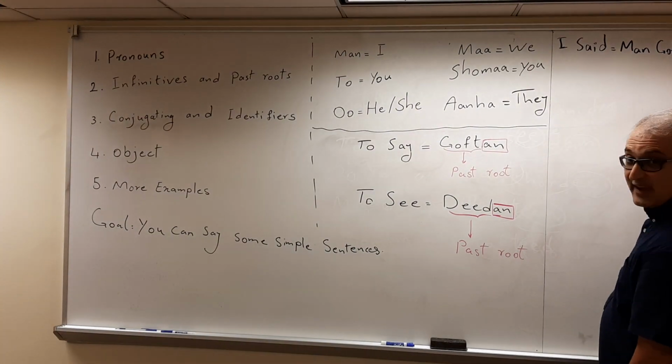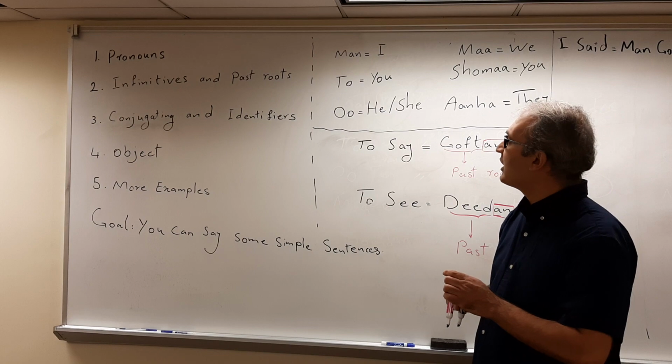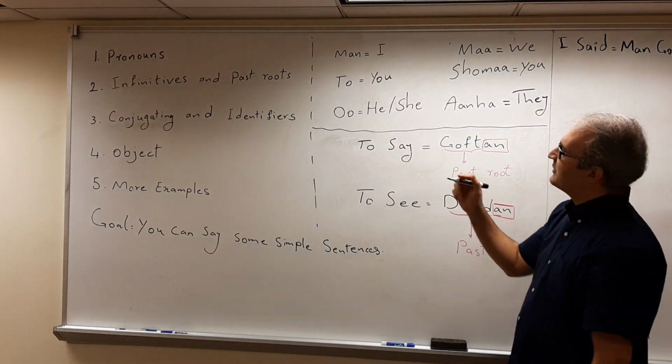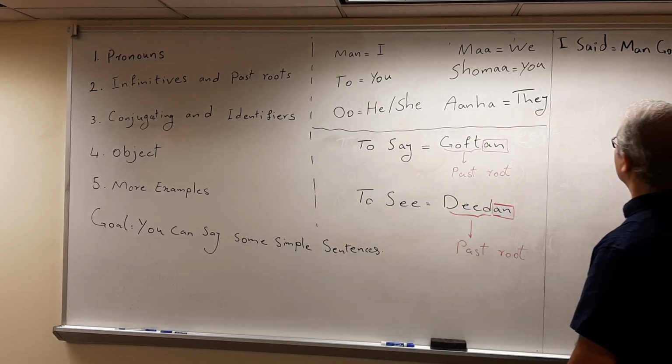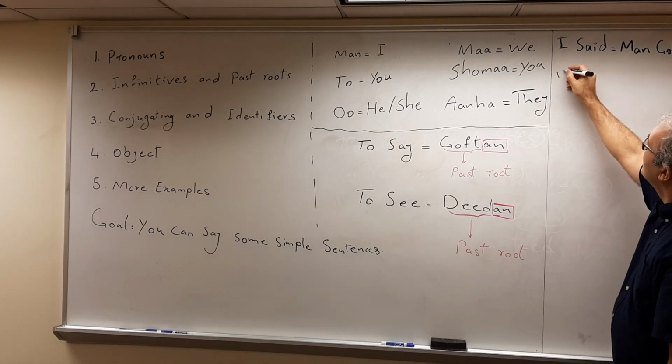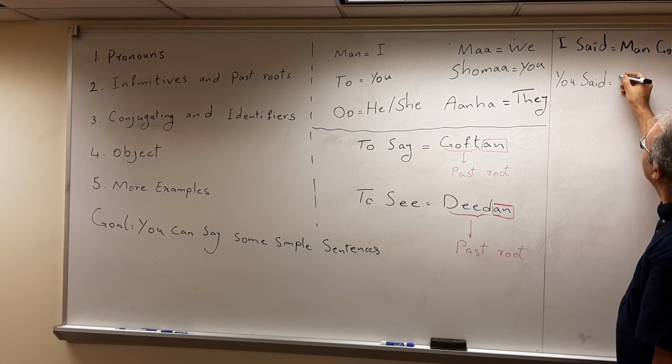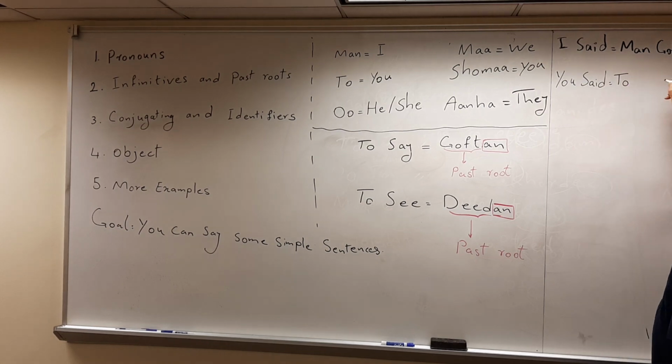Man guftam. Okay? For you, you said. I need the pronoun to. The root is guft, and the identifier is e.